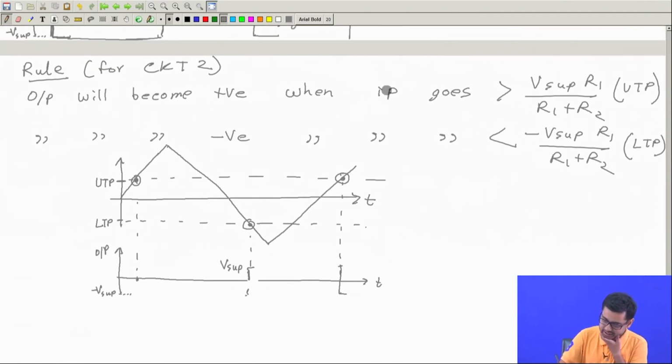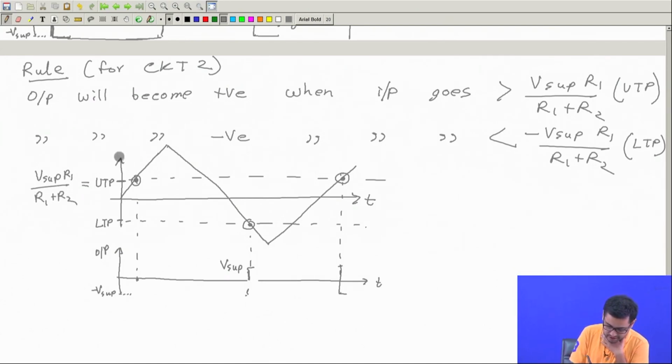So, for this circuit, output will become positive when input goes above the upper trigger point, which is same as V supply R1 by R1 plus R2.